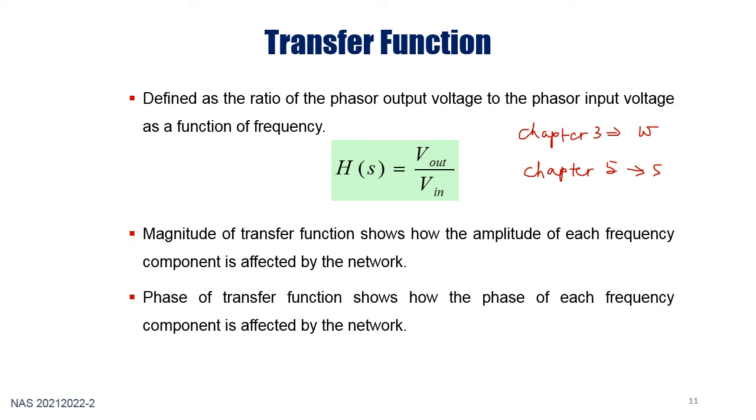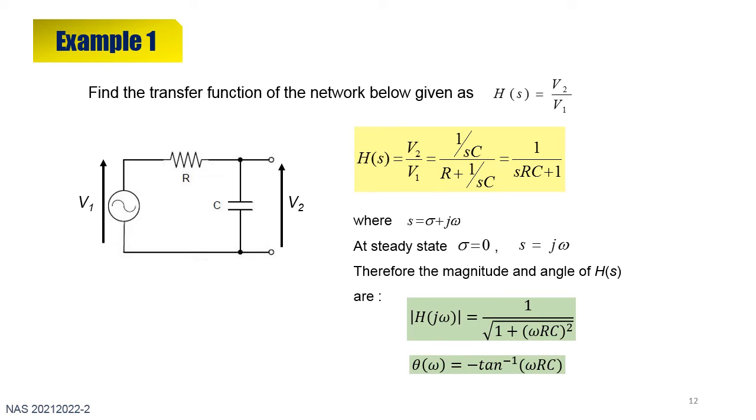So the magnitude and the phase, as shown from a transfer function, basically show how the system is affected by the complete network. Okay, let's look at the first example on a circuit. A circuit represents a network which shows the relation between the output and the input.